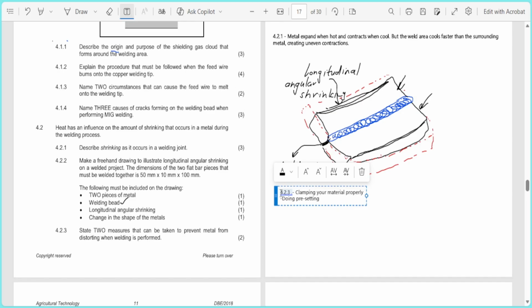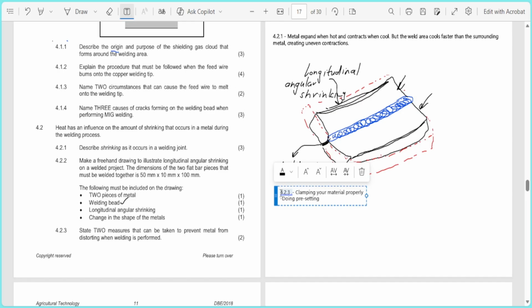But just to go a bit further, to explain the whole scenario, spot welding, on the other hand, can create temporary tacks that hold the alignment before the final welding. It's like pasting a garment before sewing.